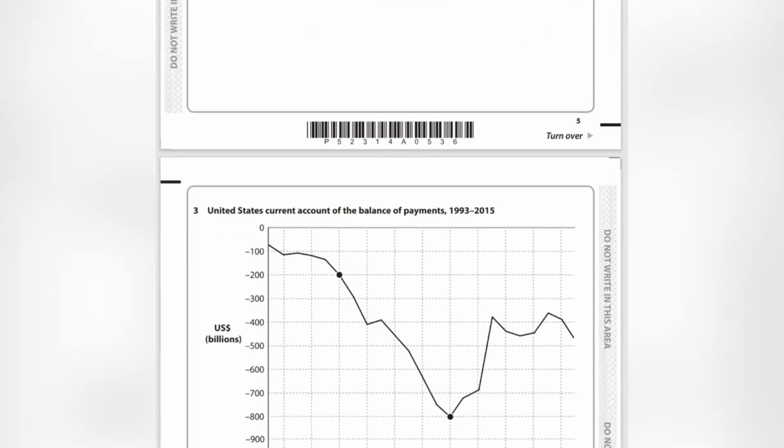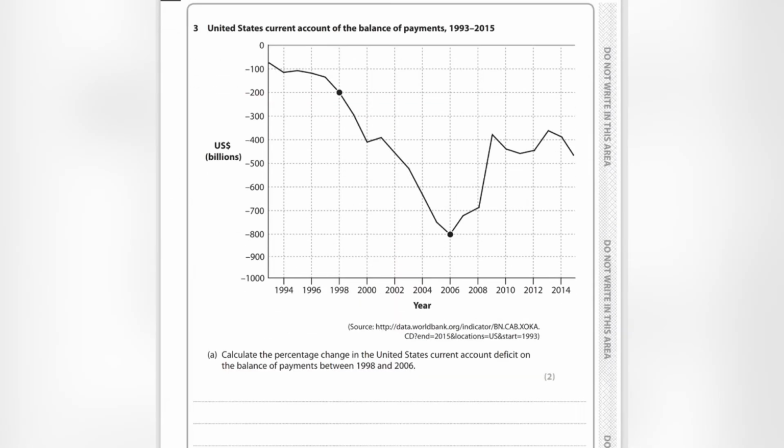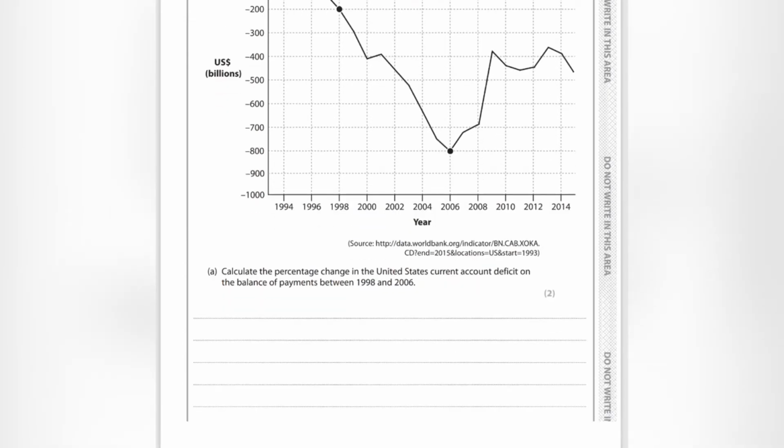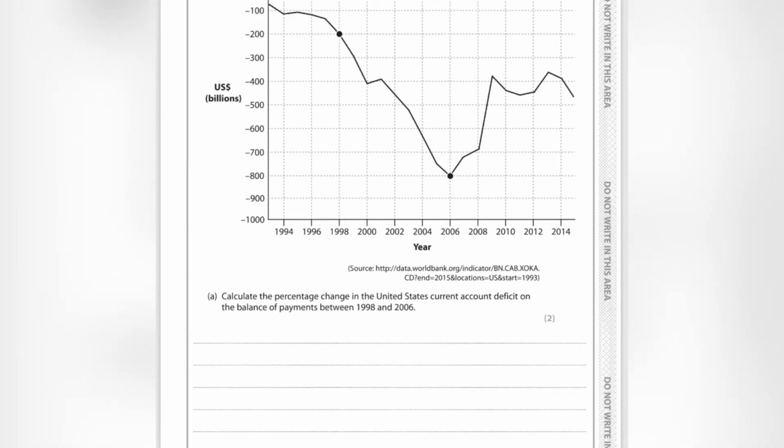All right, question 3. United States current account of the balance of payments 1993 to 2015. Calculate the percentage change in the United States current account deficit on the balance of payments between 1998 and 2006. Okay, so 1998 is minus 200 and 2006 is minus 800.